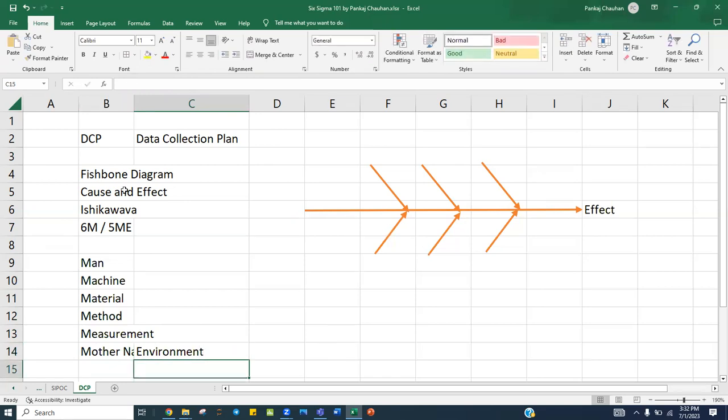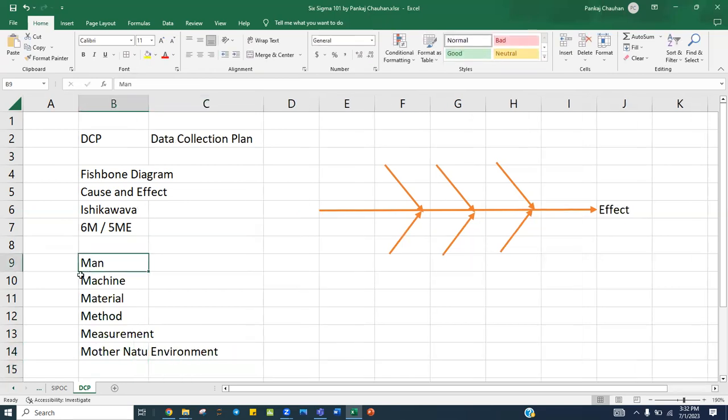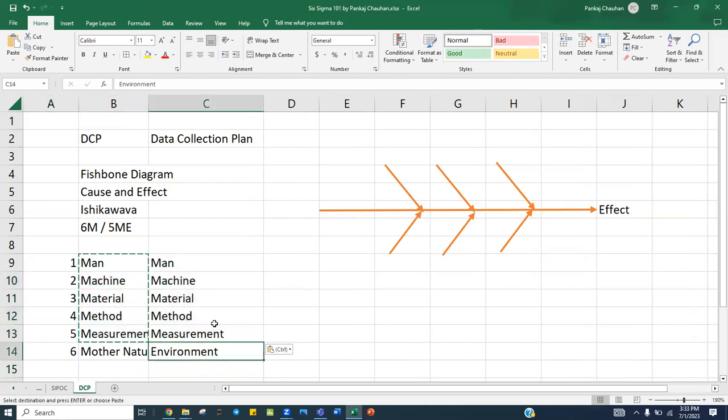So these are the 6M. Sometimes we call them man, machine, material, method, mother nature, or these first 5M remain the same and this becomes the 5ME, meaning environment. That's how we do it.